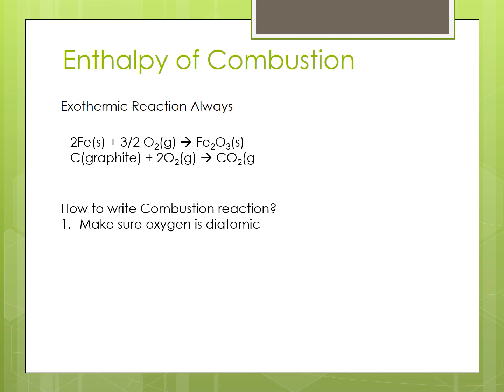So to write a combustion reaction, really the main thing is making sure oxygen is diatomic. So don't forget that O2 is oxygen, not just O. So here we have ethane gas reacting with oxygen, making water and CO2. Typical combustion reaction, and you just gotta balance it. So normally you balance hydrogen first, and you put a 3 there because there's 6 hydrogens on the reactant side.